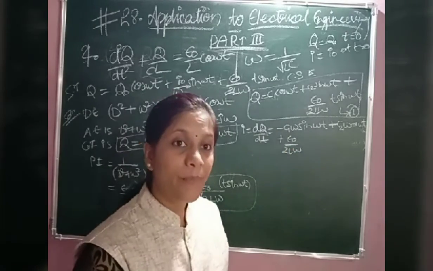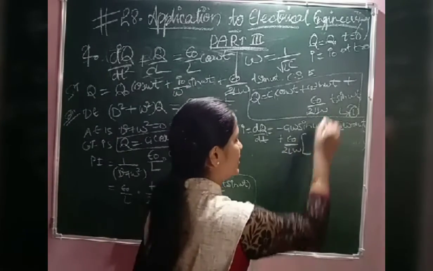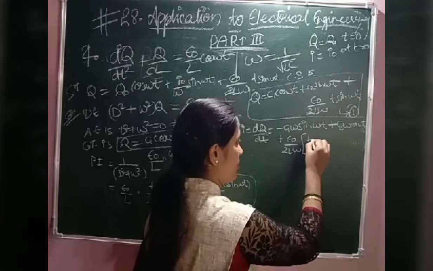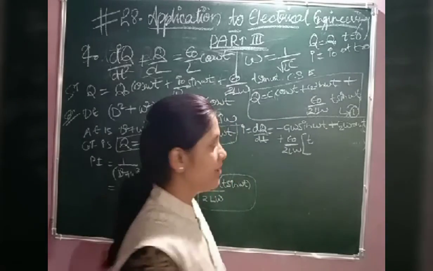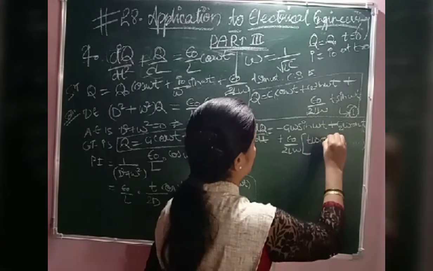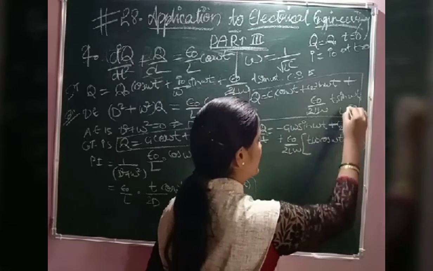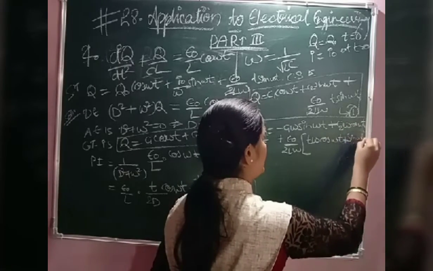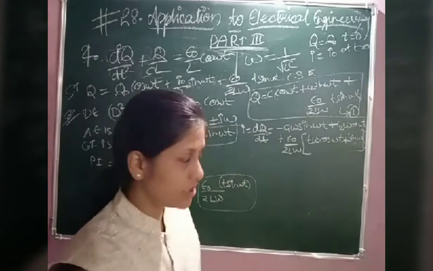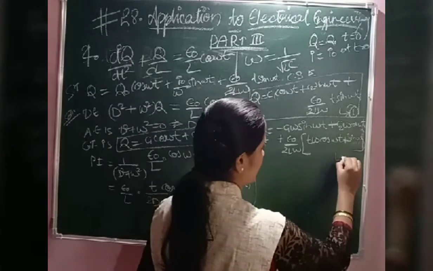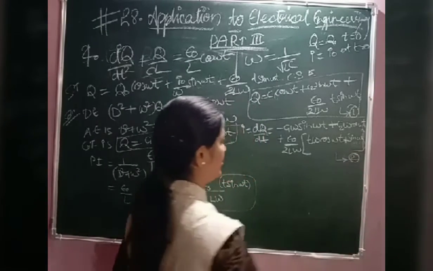What is the product rule? First function as it is, differentiation of second is ω cos ωt, plus sin ωt as it is, differentiation of t is 1. So this is our second equation.